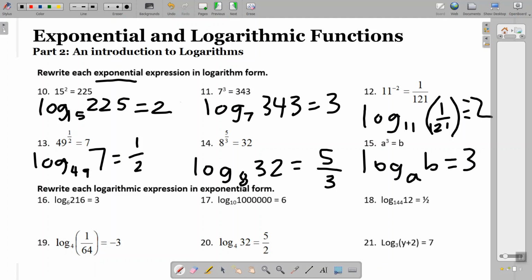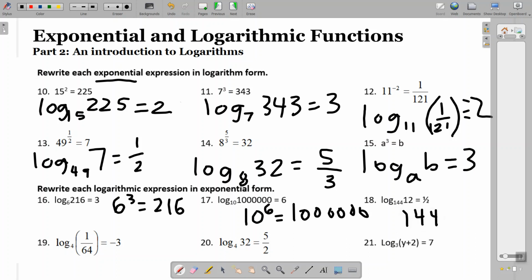All right, in the next section, we're going to go the other way. If log base 6 of 216 equals 3, that can be written as 6 to the 3rd power equals 216. Number 17, log base 10 of 1 million equals 6, so 10 to the 6th equals 1 million. All right, number 18, log base 144 of 12 equals 1/2, so 144 to the 1/2 power equals 12.